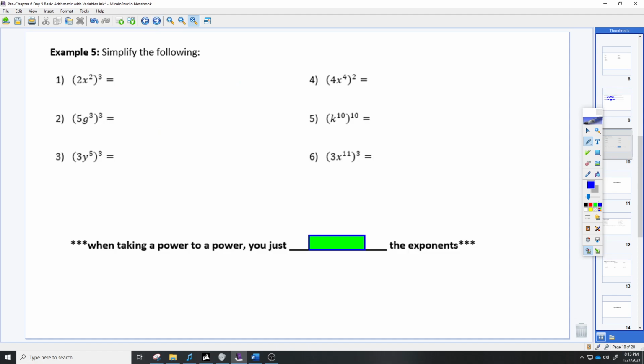So I'm going to do another one the long way, and then we'll go down and reveal the sentence below. So if you have 2x squared to the 3rd power, that means we have 3 2x squareds. So you would write it out 3 times. 2x squared times 2x squared times one more, because you got 3 total.